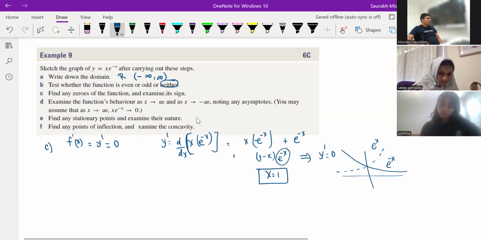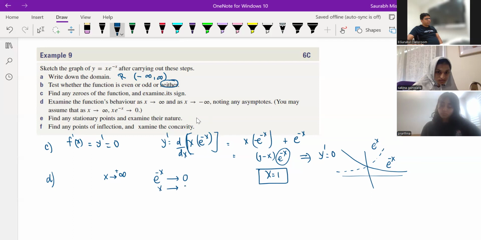Examine the function's behavior, the D part, when x tends to infinity. So when x tends to infinity, e to the power minus x is tending to 0, isn't it? When x tends to plus infinity. And x will tend to infinity. For the multiplication, you don't know whether it will tend to infinity or 0.